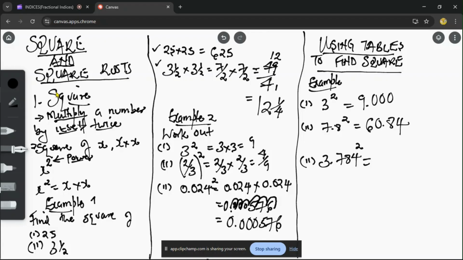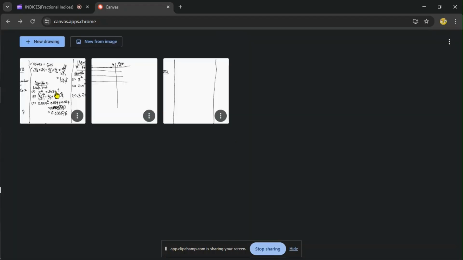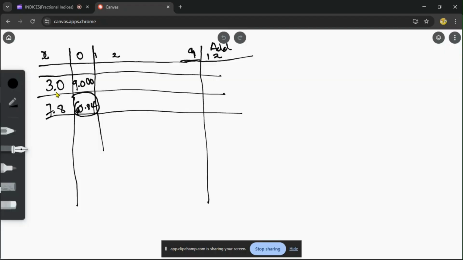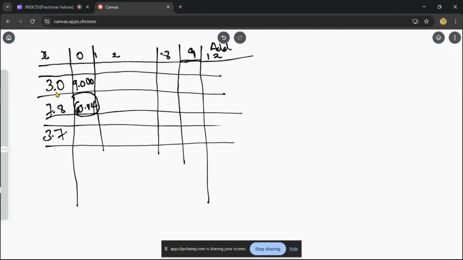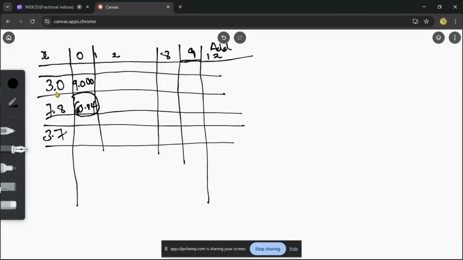So I will come to the same table, and in the first column here, I check 3.7. And now because you have 8, I'll come and check where you have 8 here. I have 8 there. Then I look at what lies here. So you can see 8 is here.